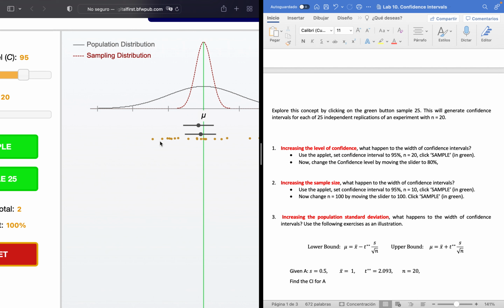But anyway, since the interval is very big, maybe that information is not very relevant, right? I mean, how can it be useful for you to know that, for example, the mean height for students at UTEP is between 0 and 200 centimeters?